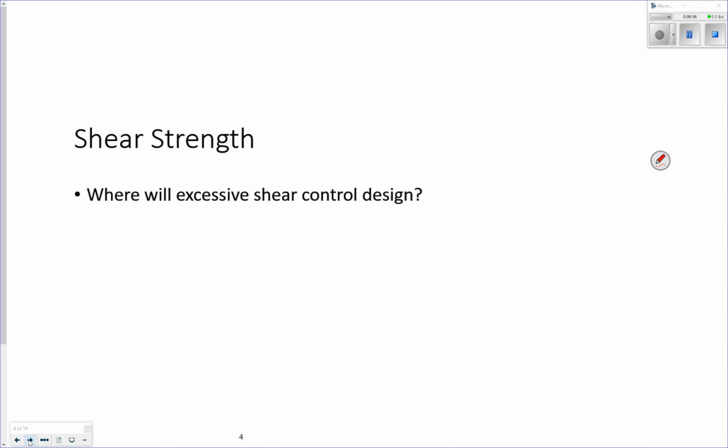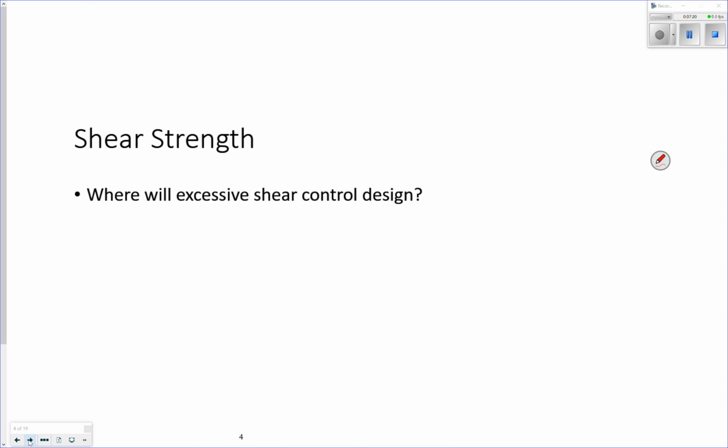So shear strength. What will control excessive shear design? Where will we look to control our design?